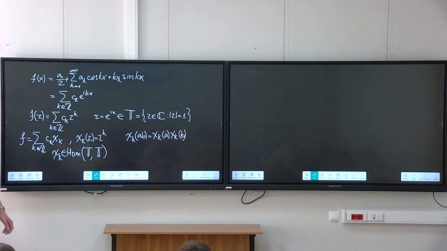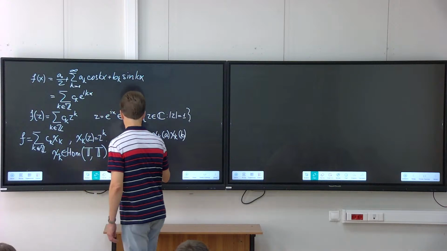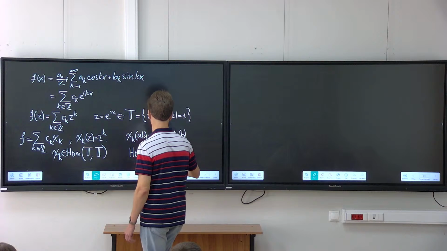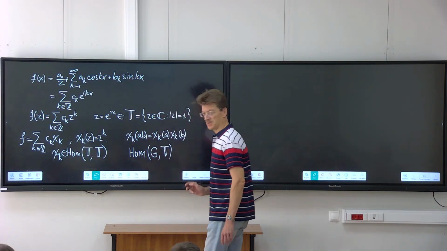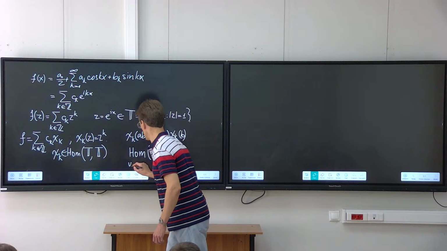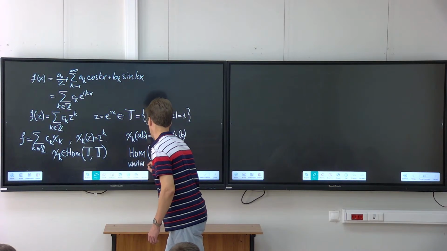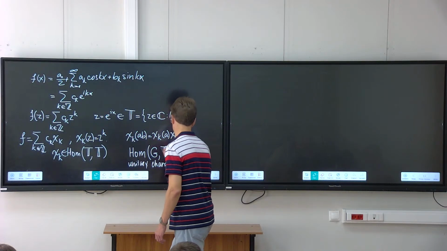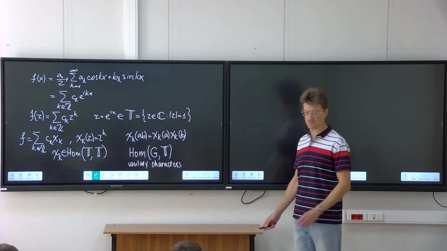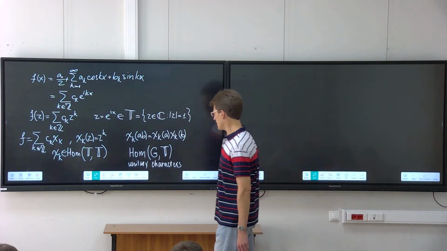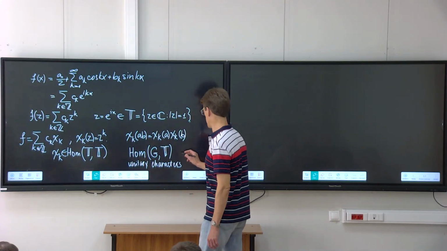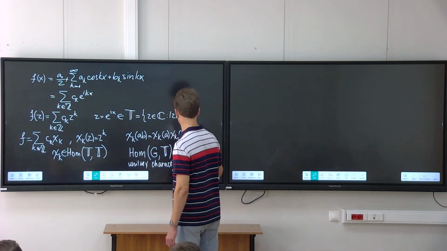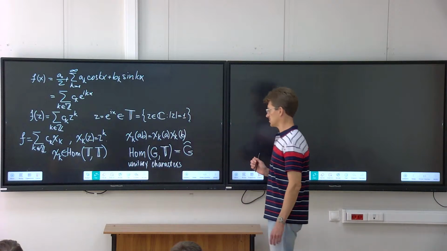In general, if you have a group G, then homomorphisms from G to the circle are usually called unitary characters of G. If G is a topological group, then characters are usually assumed to be continuous. And if G is abelian, then this set, actually it's also an abelian group, is usually denoted by G hat, and it's called the dual of G.